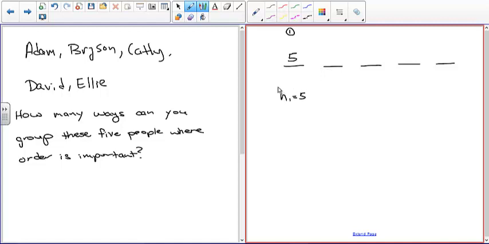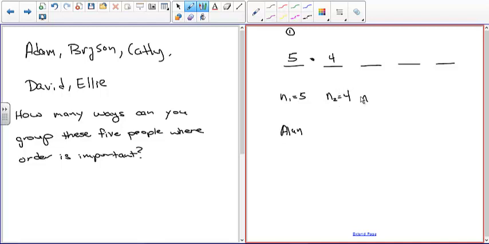Now, when you've put somebody in there, let's say I stick Alan in there. Well, you can't choose Alan anymore because he's already in there. Or whoever you choose is not available. So generically speaking, for the second slot there are only 4 people.